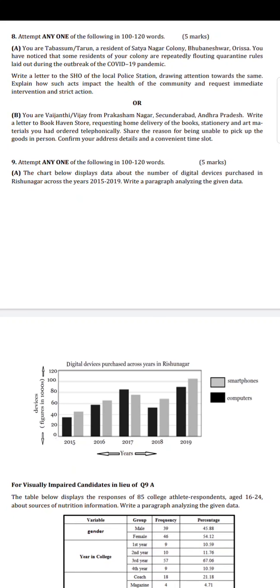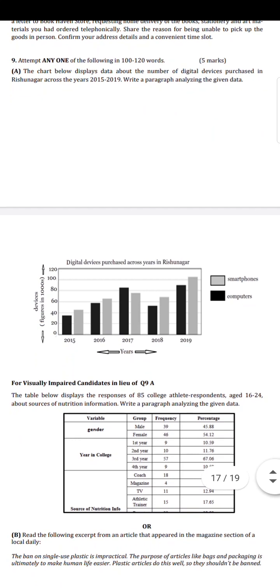Options, choices are given. Then you have paragraph writing. You will get a picture, you may get a chart, you may get a diagrammatic representation as a hint, as a cue to write an analytical paragraph.